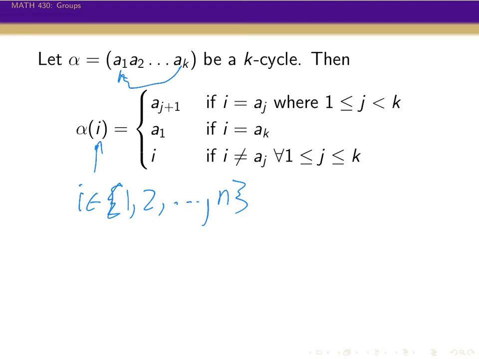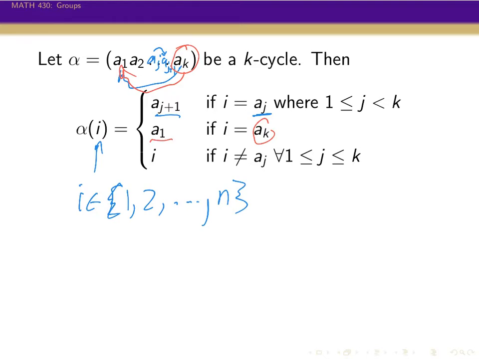If i is equal to something in the cycle, not in the last spot, say aj, then aj is going to get sent to the next number in the cycle. So aj gets sent to aj plus 1. If i is in fact ak, the last slot, then the cycle is going to send it back to the beginning, to a1.